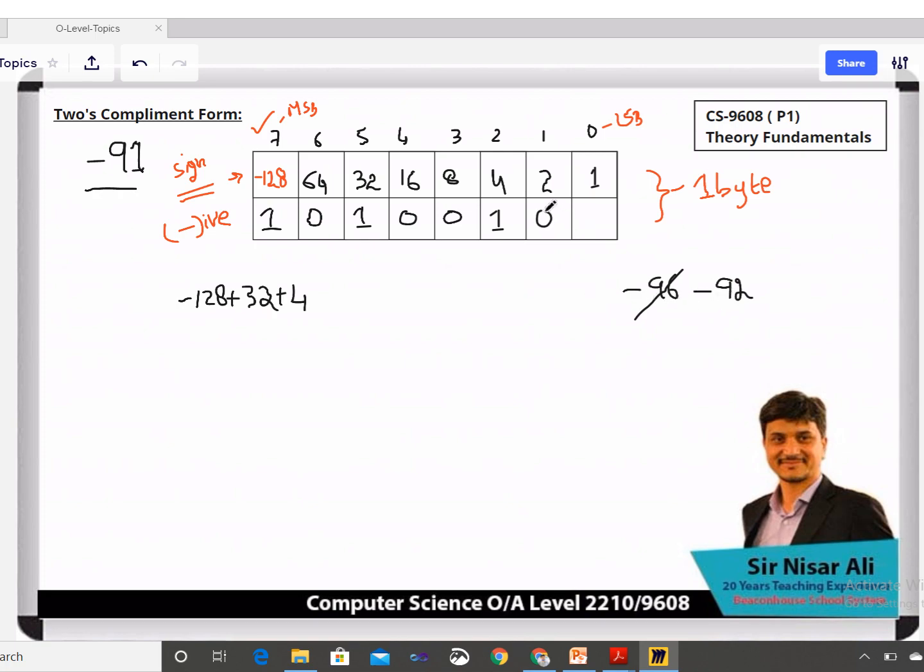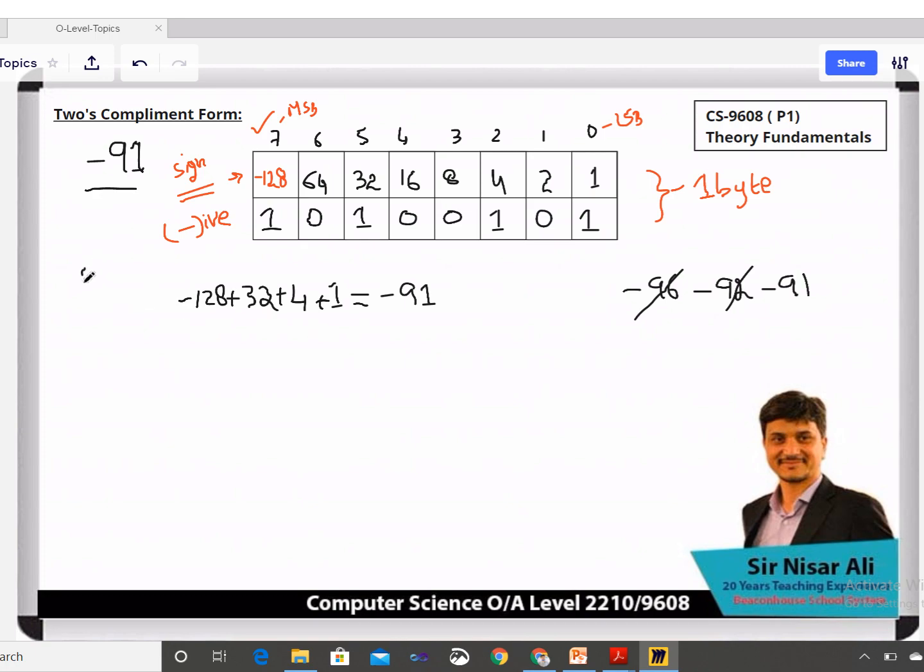So we'll leave this and we will use this one, and hence we will add this 1 here. So we will reach minus 91. So the result is minus 91.